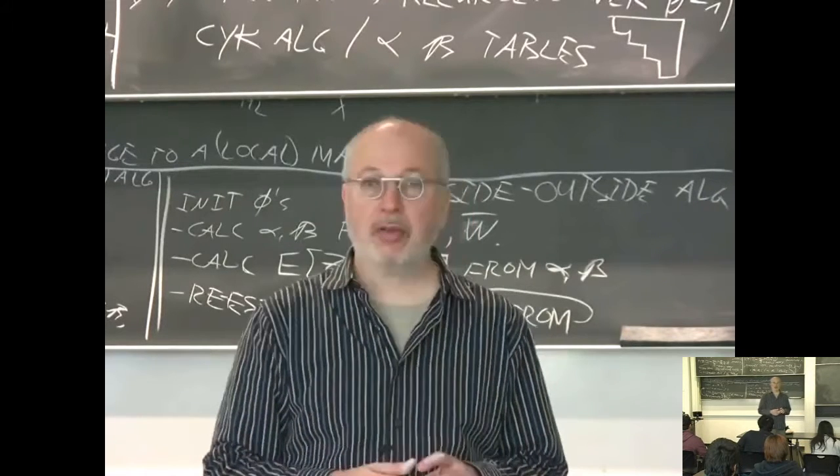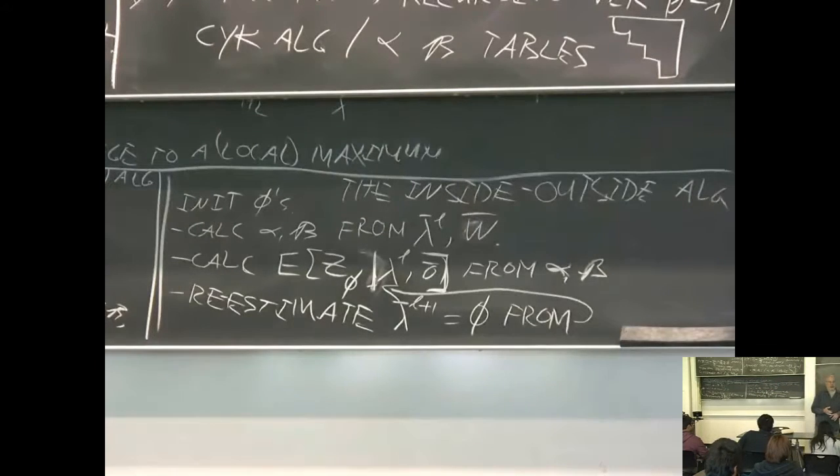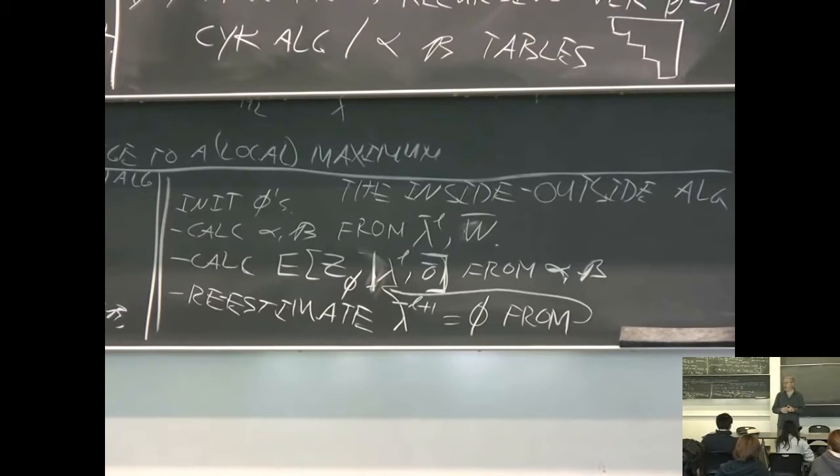And if that's true for HMMs and PCFGs, it's probably true for other models that can be represented as graphical models. So you can imagine writing code that is much more general, that is given a graphical representation, and then does EM for it. And indeed, you can do learning of parameters in graphical models using EM.